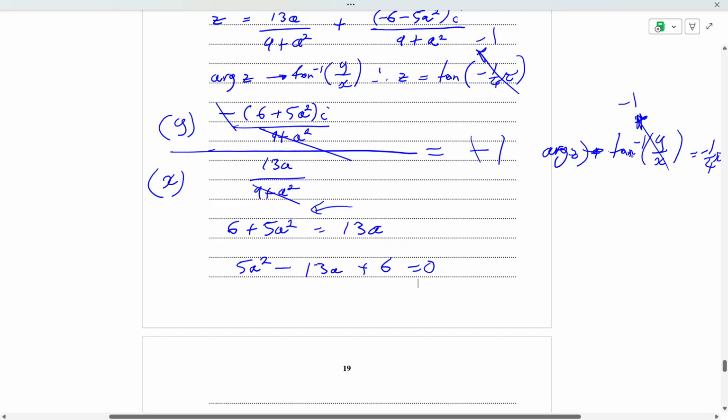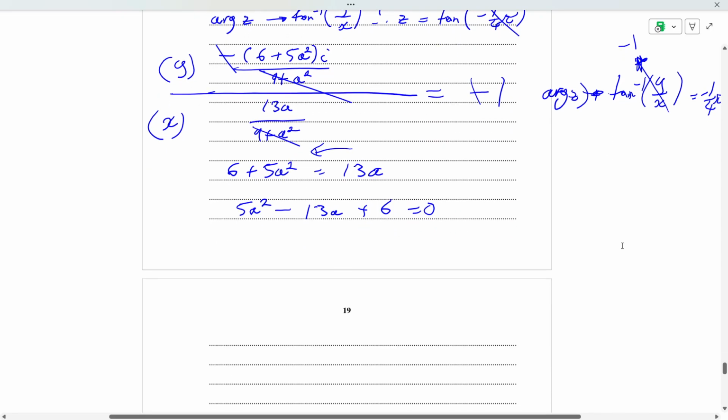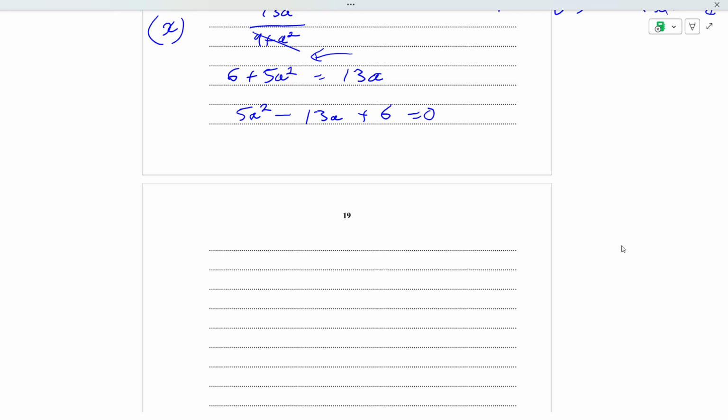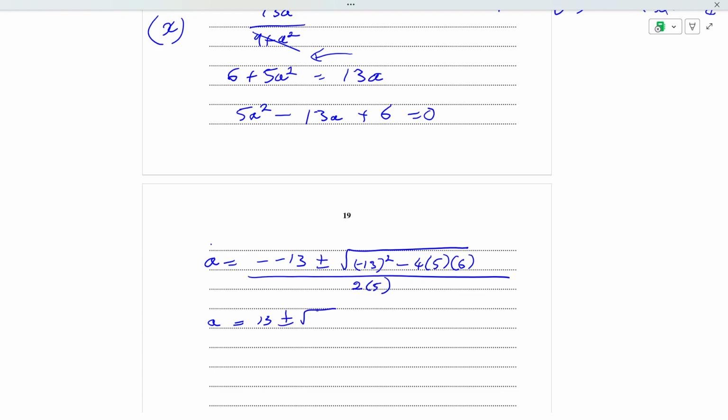Then we can use the quadratic formula to find the values for a. So a is equal to negative of negative 13 plus or minus the square root of negative 13 squared minus 4 multiplied by 5 multiplied by 6, all of it over 2 multiplied by 5. Then we have a is equal to 13 plus or minus root 49, all that over 10.